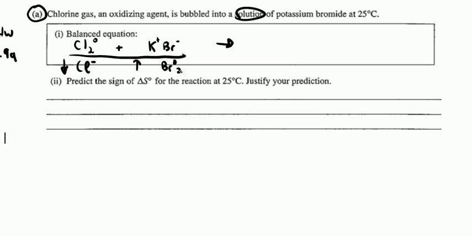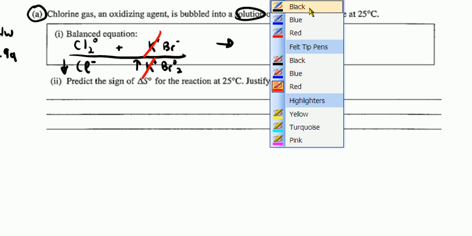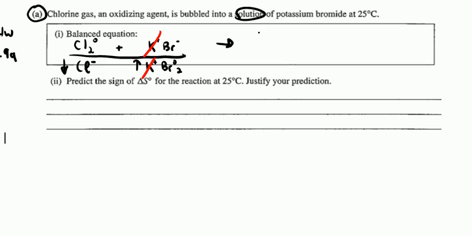That's going to be bromine. Potassium is my spectator ion, so it's going to cancel out. I'm going to be left with Cl minus plus Br2, 0. Balance.